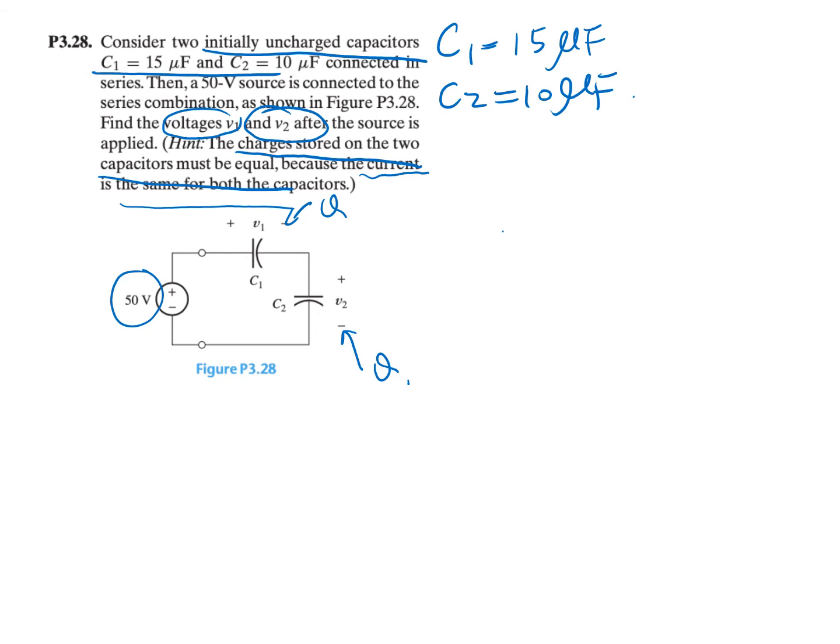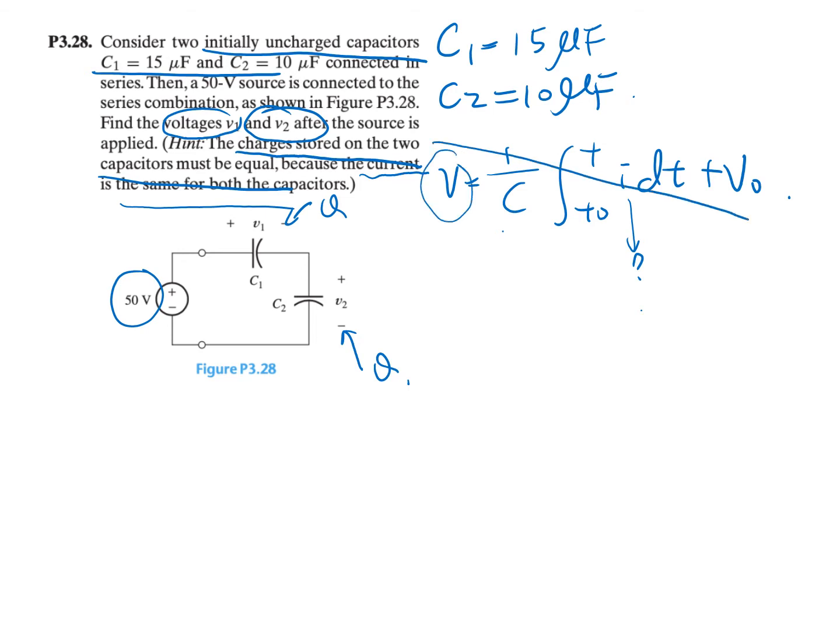So let's find out how to calculate the voltage V1 and V2. Well, to calculate the voltage for capacitors, we have two formulas. The first formula is V is equal to 1 over C, and take the integral of the current plus V naught. Well, for this formula, we don't know the current, so we cannot use the current to calculate the voltage.